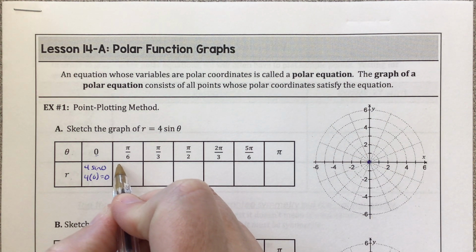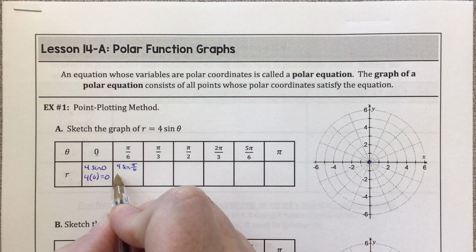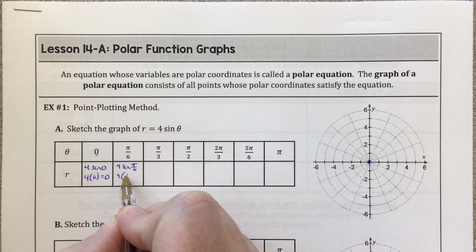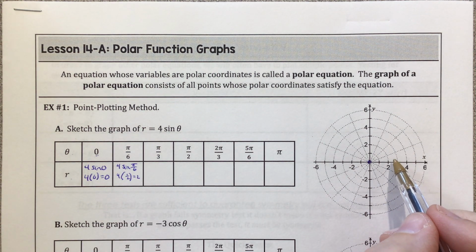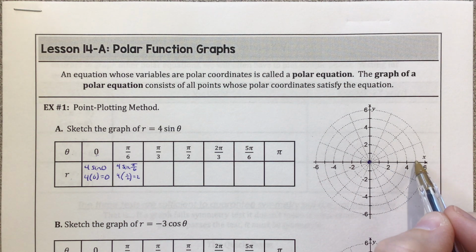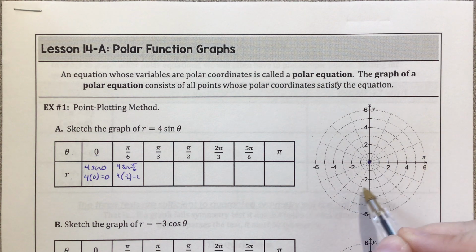Now, when theta equals pi over 6, r equals 4 times the sine of pi over 6. The sine at pi over 6 is 1/2, so that gives me 2. Ooh, yuck. Do you see how this coordinate plane is not really divided into the same increments we normally do?